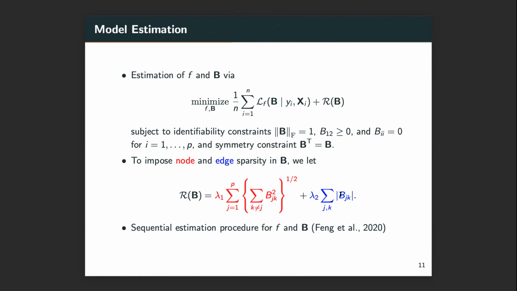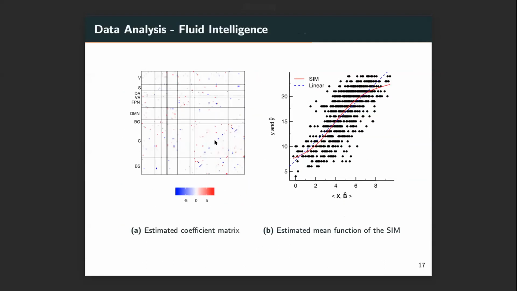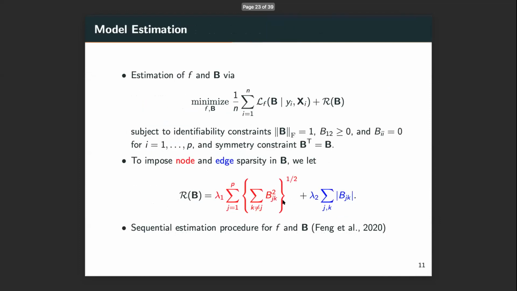Yep. So I'll start with the second one because it's much easier. So obviously this is just a lasso, really. You're penalizing the absolute values of each of the elements. And so if you're looking at one of these coefficient matrices, you're penalizing literally this blue element, so it's shrinking to 0 on its own. The red one, the node sparse term. So I look at the inside of here.